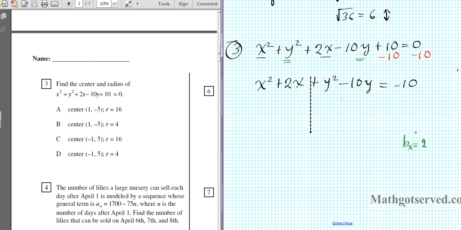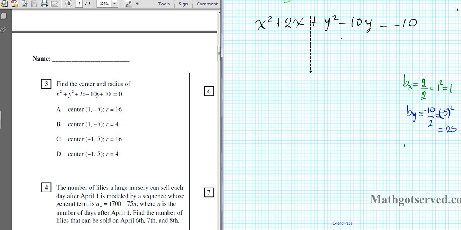We divide this by 2, which is equal to 1, and then square it, and get 1. So that completes the square in the x world. And then in the y world, b is negative 10. Divide that by 2, we get negative 5, and when we square that, we get 25. So that completes the square in the y world.